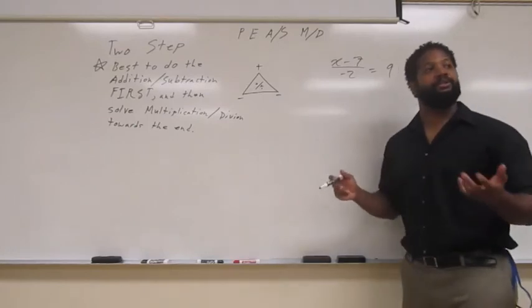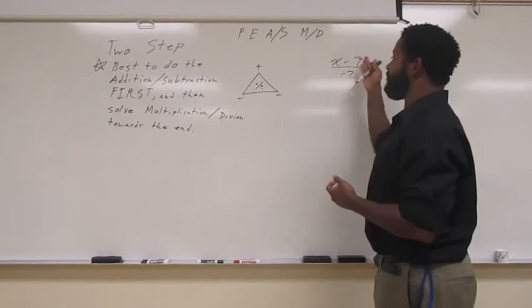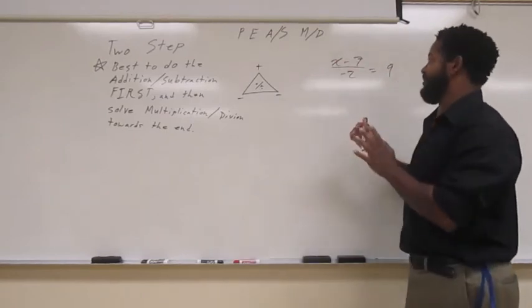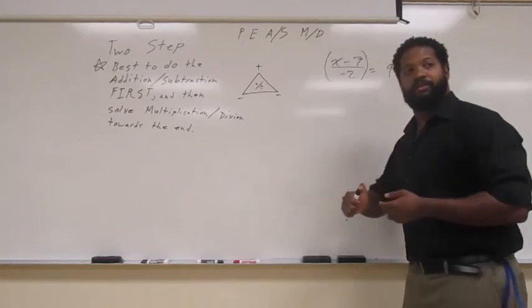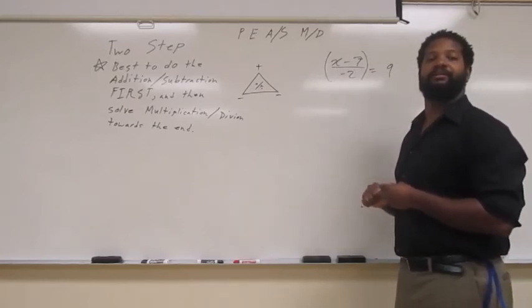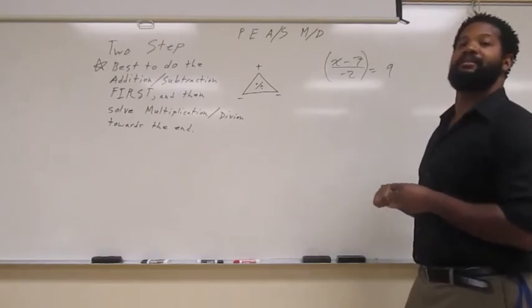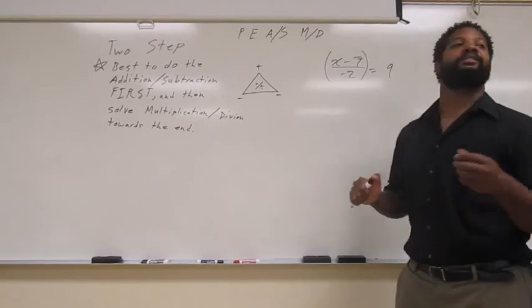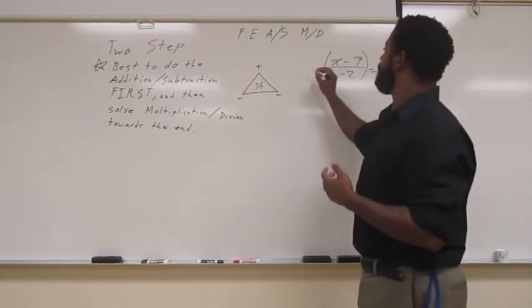They both are in the numerator. So with that being said, you gotta separate, all right? So, we multiply. What are we gonna multiply? Not the 2 and the 7. The x and 7. No. What's in your denominator? The negative 2.